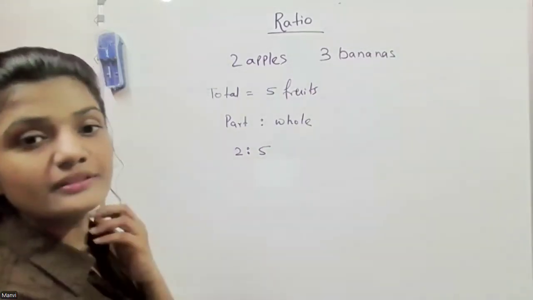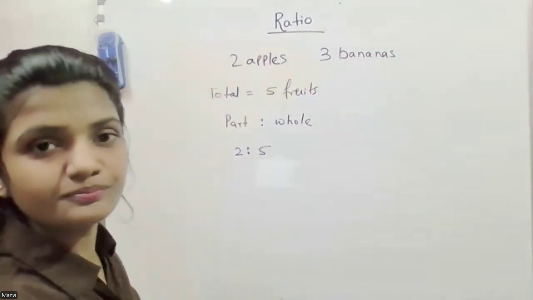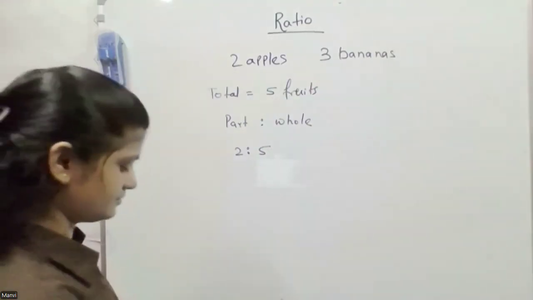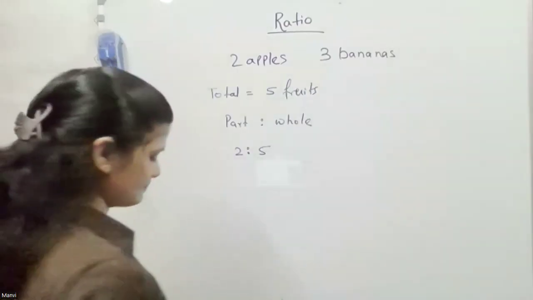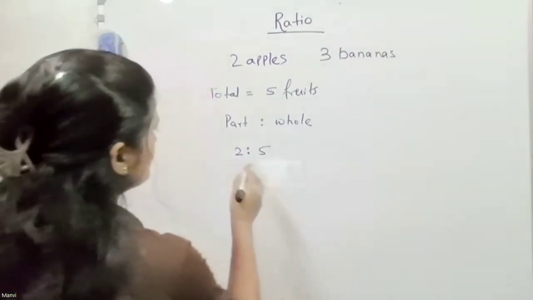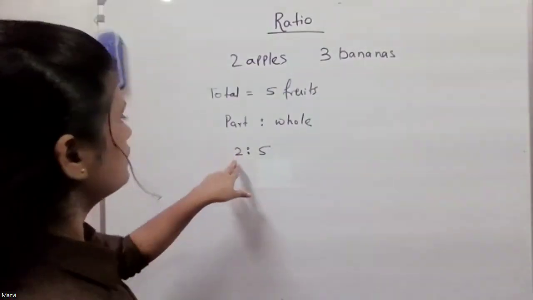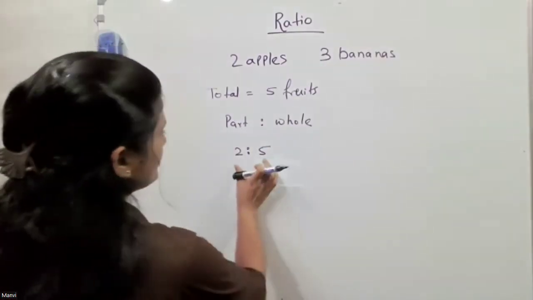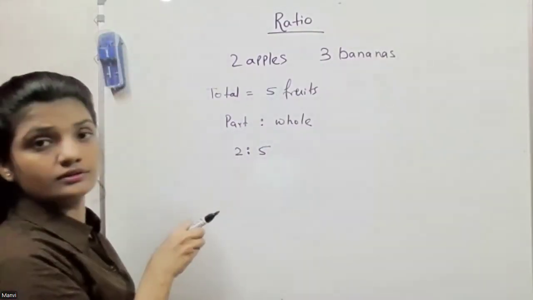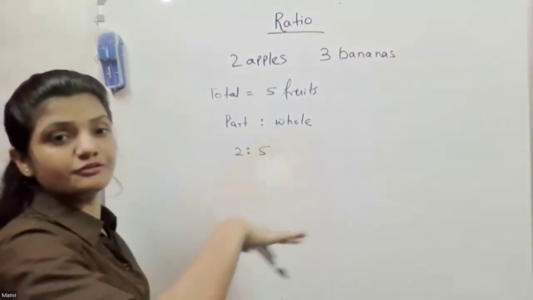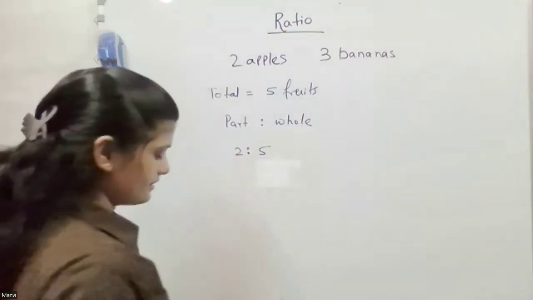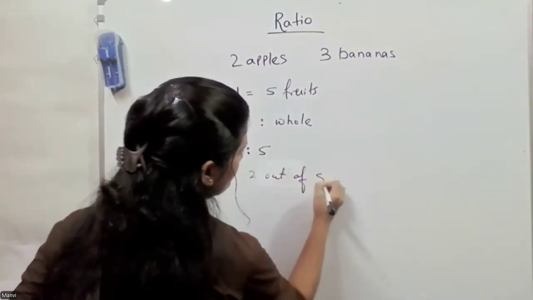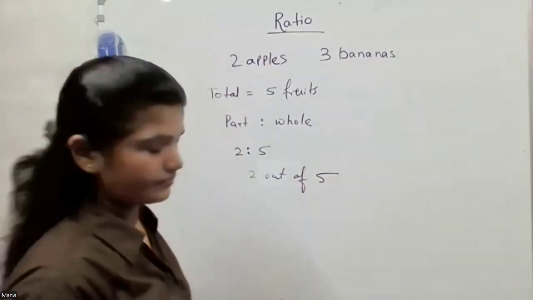And what will be the ratio for banana to total fruit? Banana to total fruit will be 3 ratio 5. Very good. So whenever we say 2 apples with 5 fruit, this means we are taking 2 fruit from 5 different fruits. This means 2 out of 5.